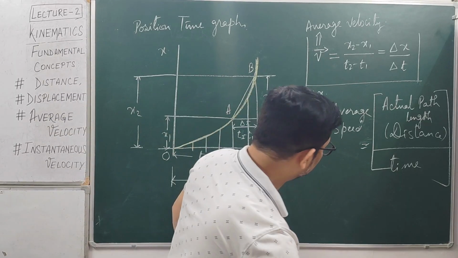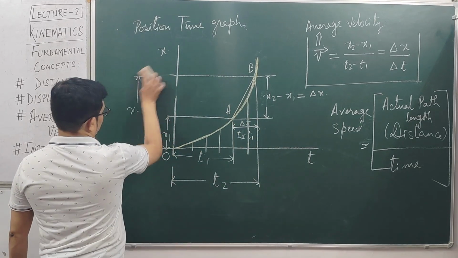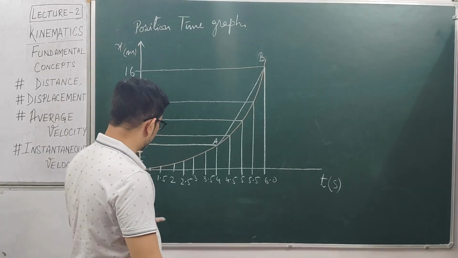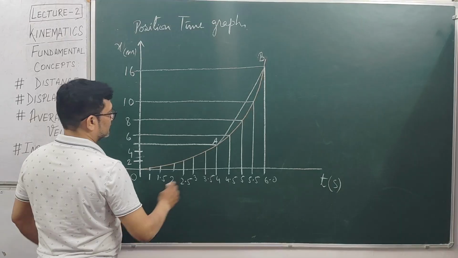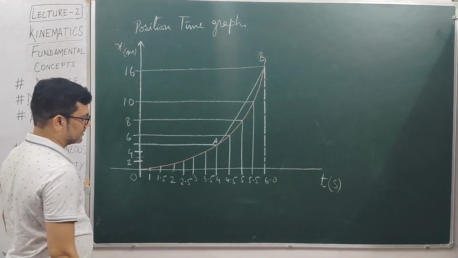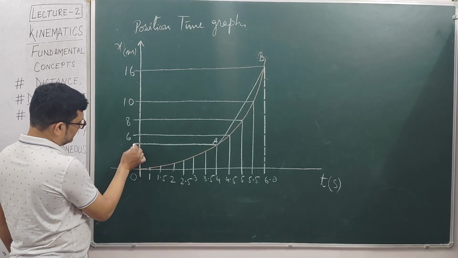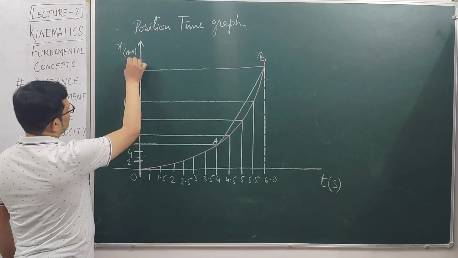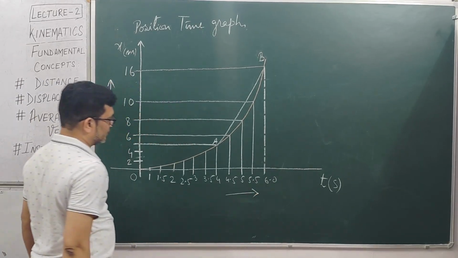So let's plot another graph and let's take some actual values to understand this. Here we have the position time graph and we have taken the time in seconds. That is how we have listed the times here on the x-axis, which is the time axis, and correspondingly we have here the positions. So it is taken in meters this way and the time is increasing in this way.